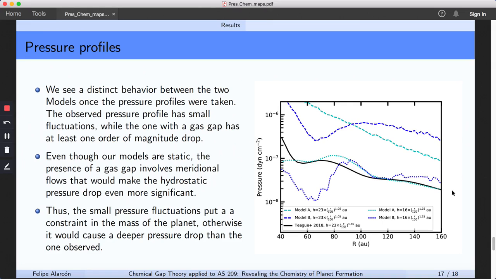We cannot discard any gas surface density fluctuation in the disk, but if there is one, it should be rather small to be consistent with the inferred pressure profiles from the observations. So the pressure profiles solve the degeneracy, and we can tell that the main cause of the CO depletion in the disk is CO processing and not a gas gap.